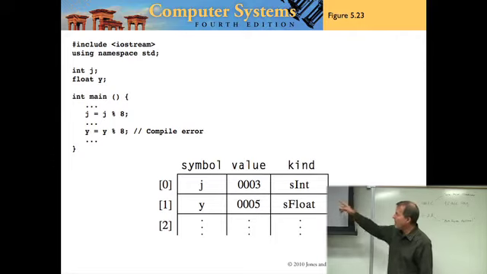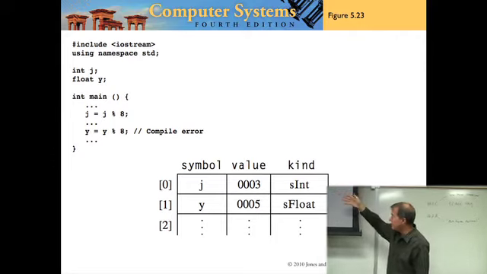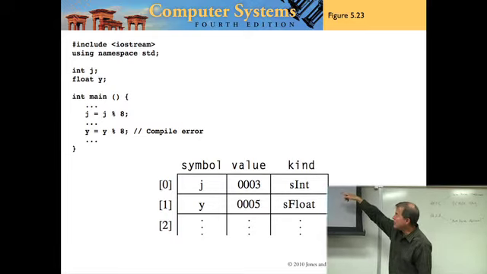Okay, so here's some fictitious program. The compiler would come along, and when it gets to j, it would say in its symbol table, oh, j, that's of type sint. And then when it gets to float y, it'd say, oh, y is going to be a real number with a decimal point. So it would store the kind as s float, so that would be an enumerator for that.